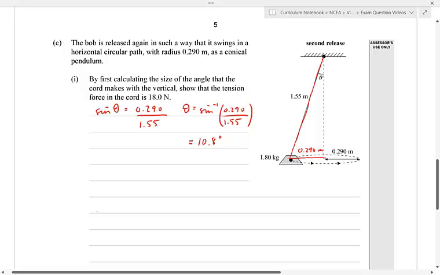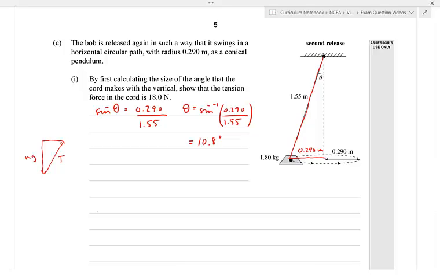Okay, there's the angle, and now we want to figure out the tension force. So we know the weight force. I might just sketch a little diagram here in the margin. So we have a weight force of mg and a tension force called T, and then we have the net force, and this angle here is theta.